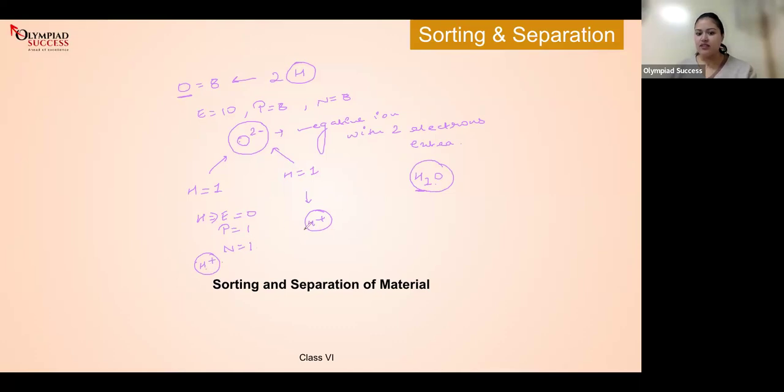So these positive and negative charged atoms are known as ions. Either they can share their electrons or they can completely give away their electron. That depends upon how reactive or how non-reactive any atom is. In the periodic table, the ones that are present right in the beginning are the most reactive. So they give away their electrons easily.